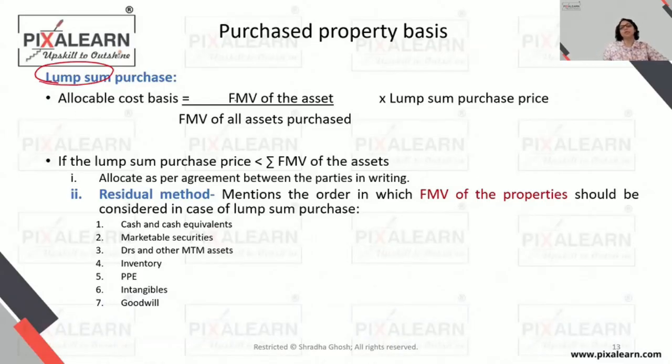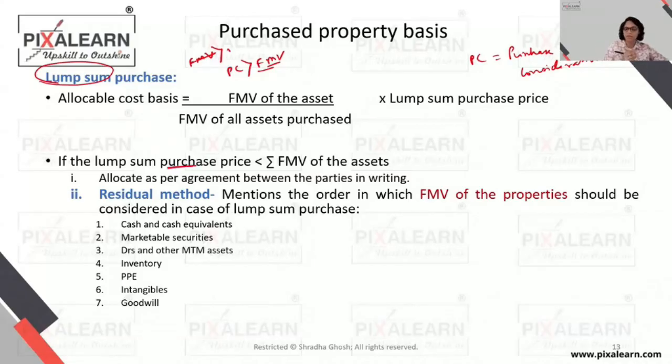The general rule is, if my purchase consideration is higher than the fair market value of the goods that I get, then I'll simply take the fair market value of all and split the amount on the basis of the relative fair market value of these assets on the day of purchase, which is very clear. The problem happens when I have a bargain purchase.